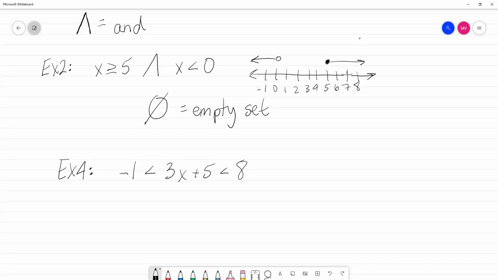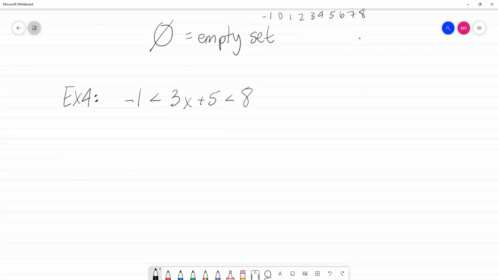So all you have to do when you see one like this is you separate it out and solve for x. So the first one is -1 is less than 3x plus 5, and the second one is 3x plus 5 is less than 8.